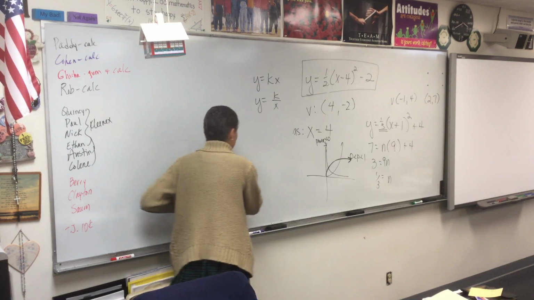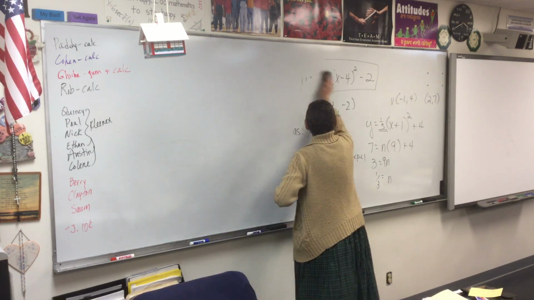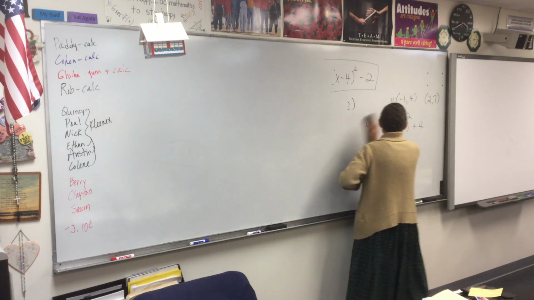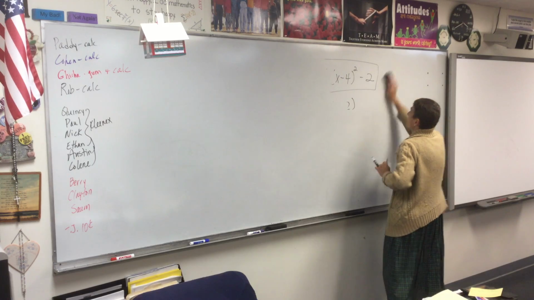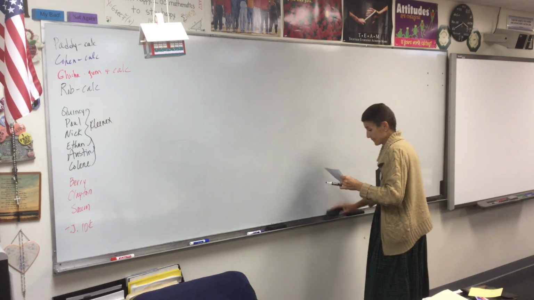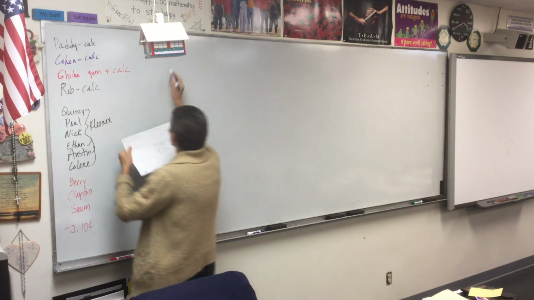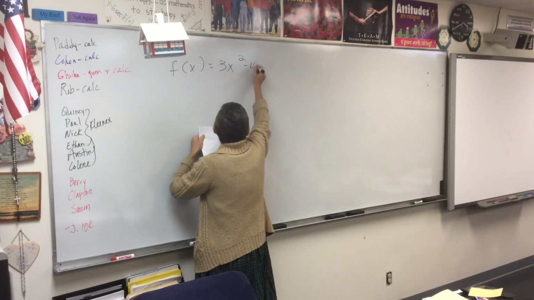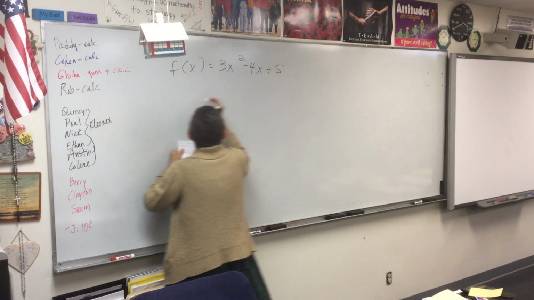Okay, so here we go with number 1. It says evaluate the function. Well, you know how to do this. F of x is this. What do I do? You plug it in.